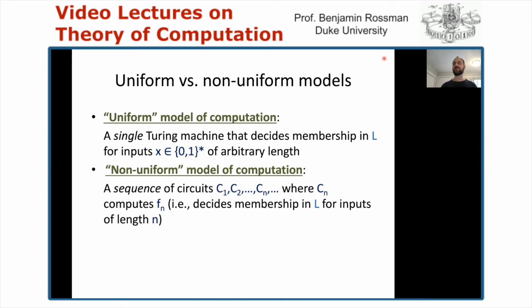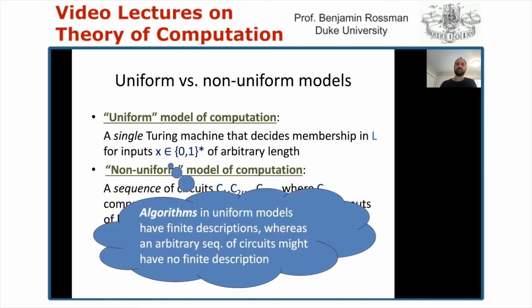Similarly, a deterministic finite automaton is another example of a uniform model. Non-uniform refers to having a sequence of models, circuits say, one for each input length. To compute a language L non-uniformly, we have a sequence of circuits where C_n decides membership in the language, but can only be run on inputs of length n.